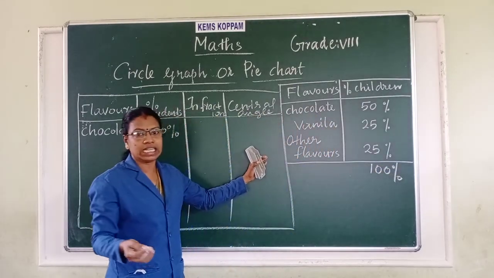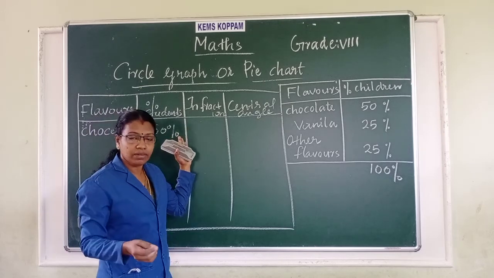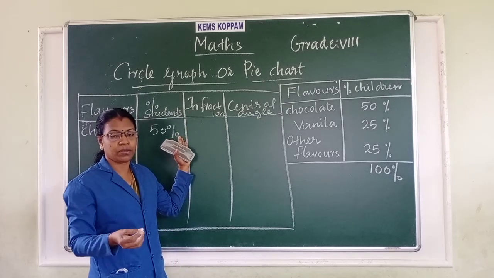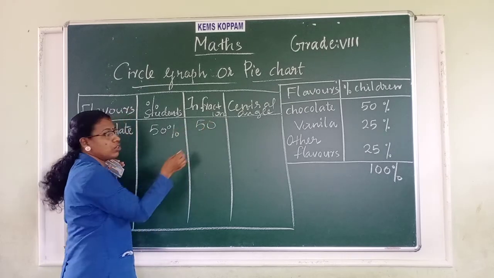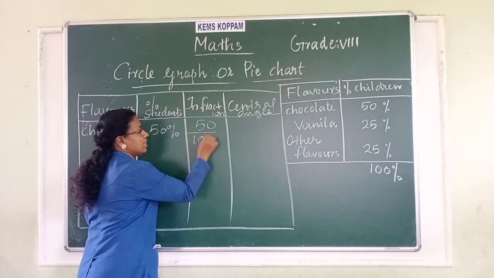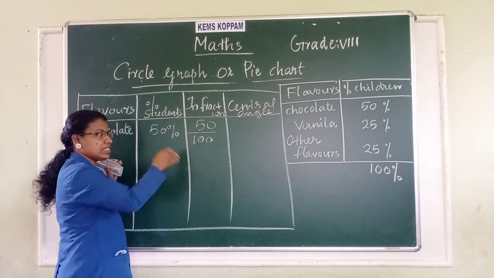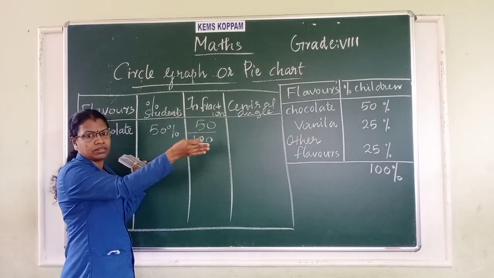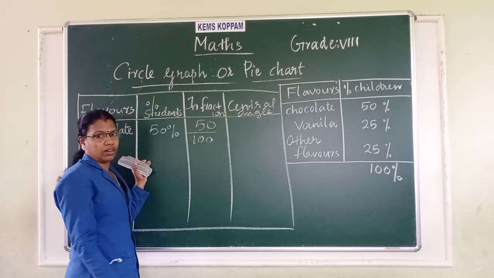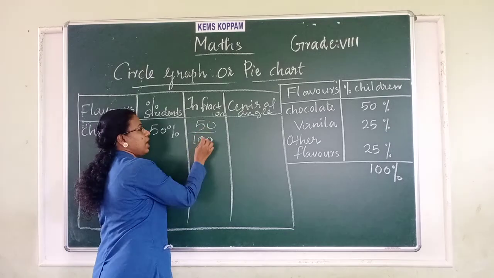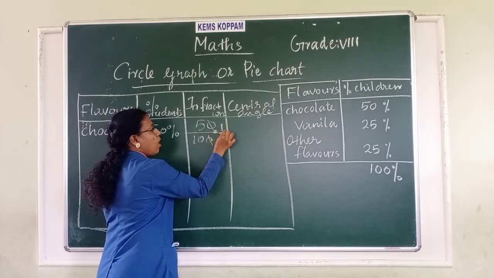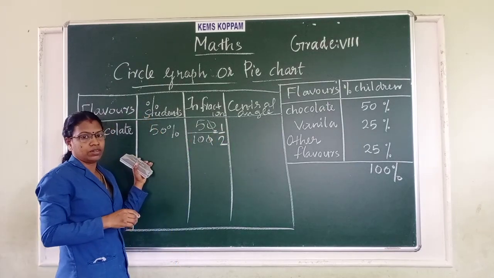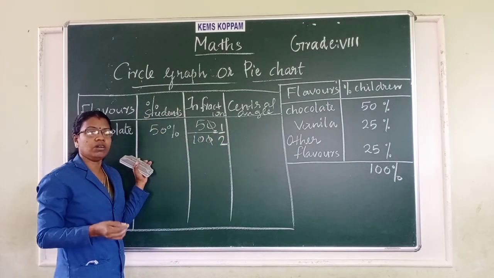So we can write 50% equal to 50 by 100. What is 50 by 100? Yes, it is 1 by 2.